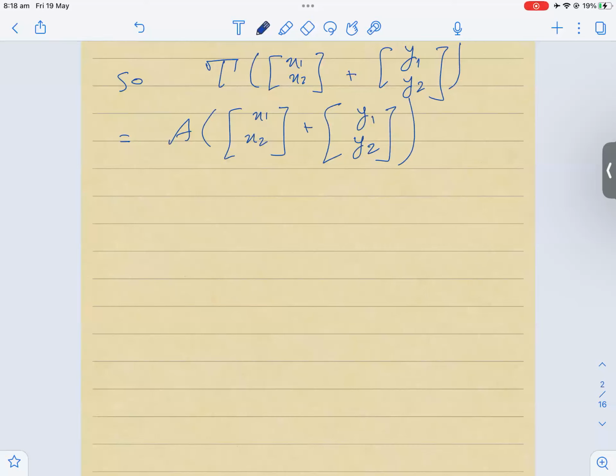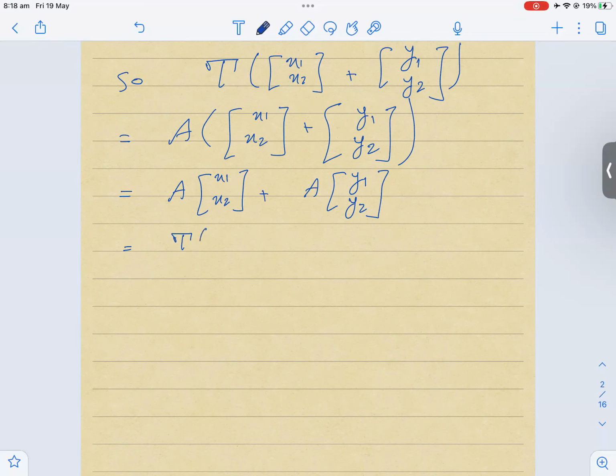Now the ability to distribute a matrix inside the parentheses enables us to say A times (x1, x2) plus A times (y1, y2).